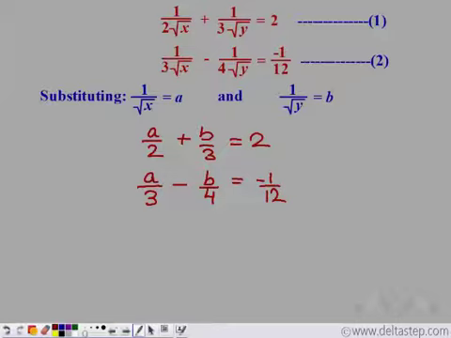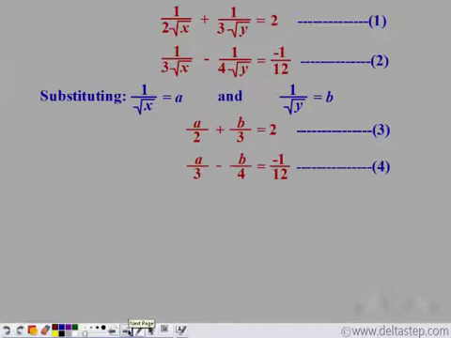So this is what we have. Now these are two linear equations in two variables a and b. Why linear? Power of a is 1, b is 1. Power of a in this equation is 1, power of b is 1. So these are two linear equations in two variables a and b, and we can solve them. So let us solve them now.